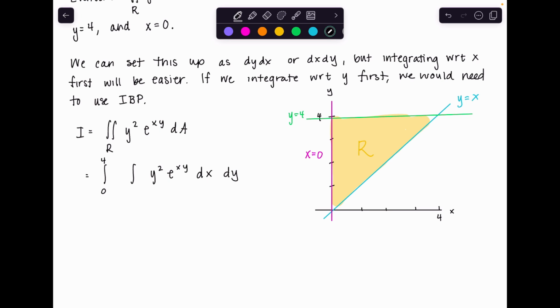Okay. So when I go to find the inner bounds of x, my y is free. So I can pick whatever y value I want. And regardless of the y value I pick, it's always starting at 0 and it's going over to this line. 0 to this line. 0 to this line.